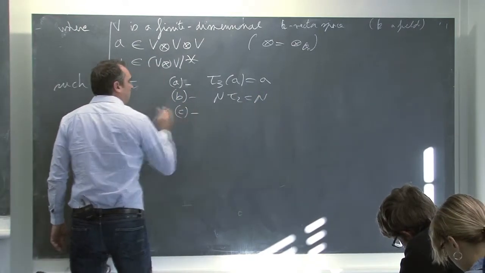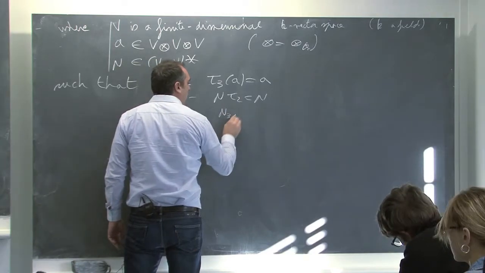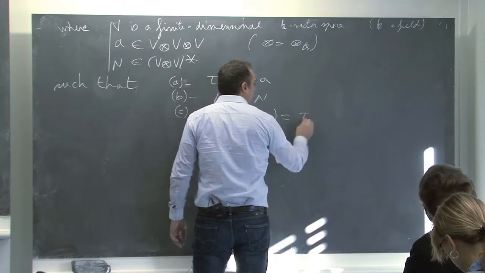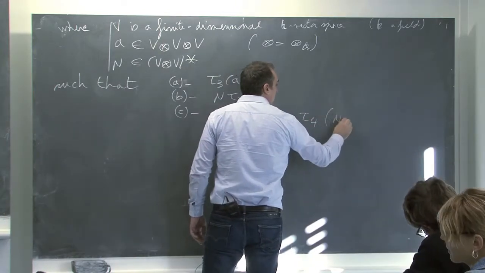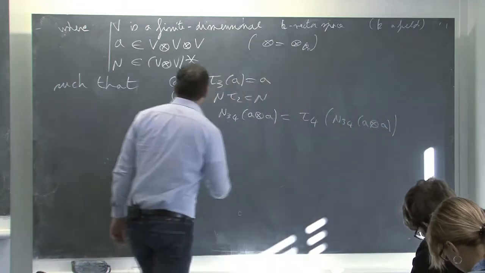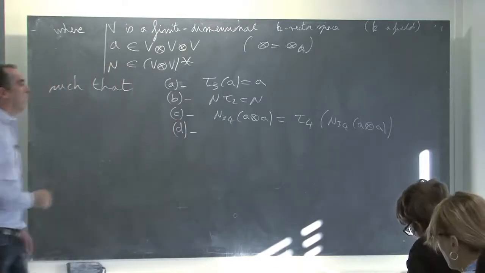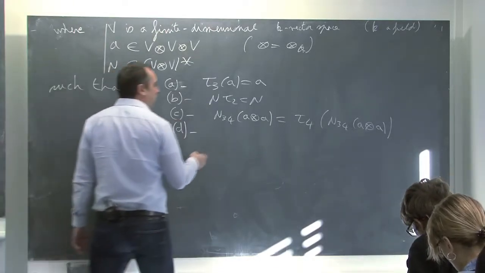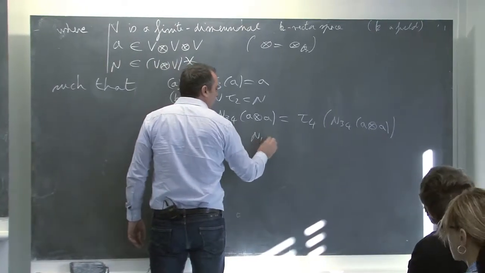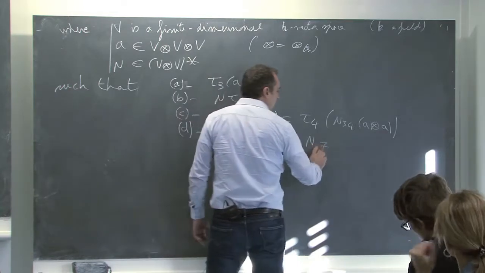C: μ_{3,4}(A tensor A) is symmetric. And the fourth relation D is A is equal to μ_{1,9} μ_{3,4} μ_{6,7}.